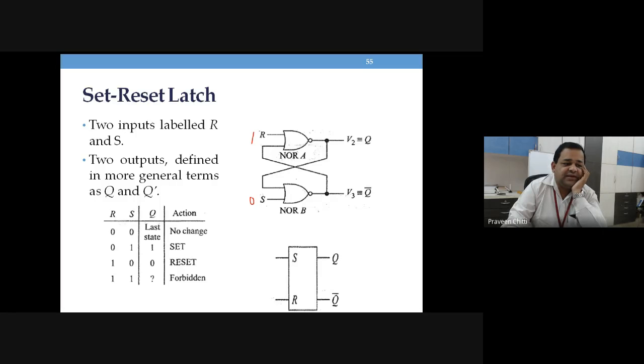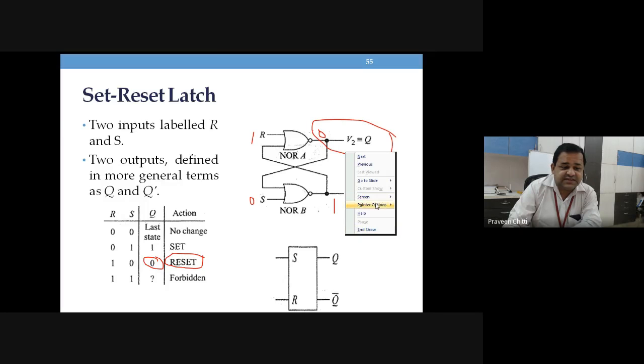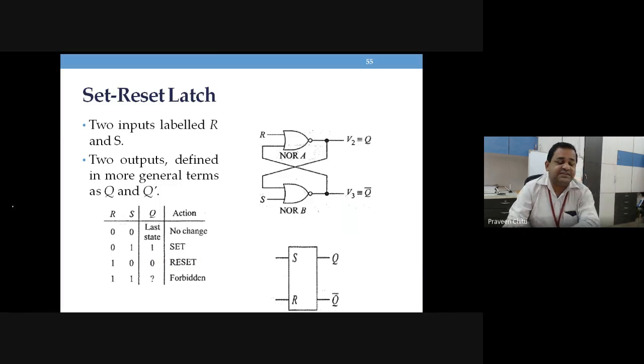I have told you, the moment one of the inputs to the NOR gate is 1, irrespective of the other input, its output will be 0. Then this 0 along with this 0 gives you output as 1. That means R equal to 1, S equal to 0 gives me Q equal to 0. Always Q will be 0, and this state of the latch is called the reset state.